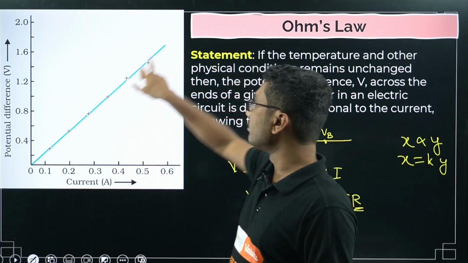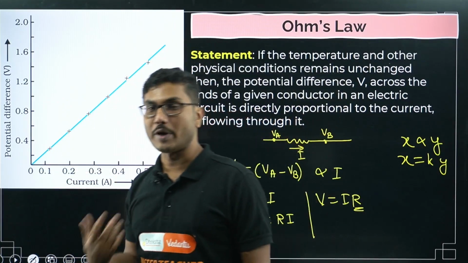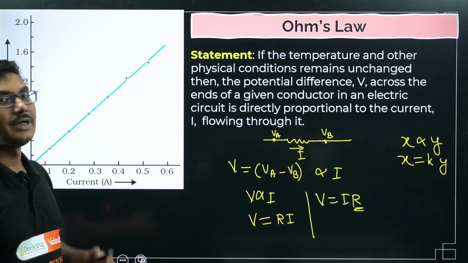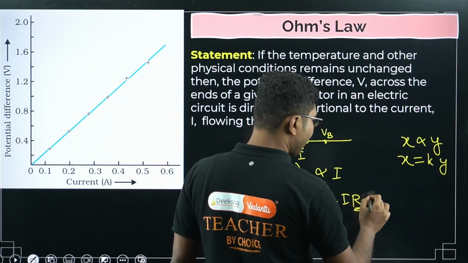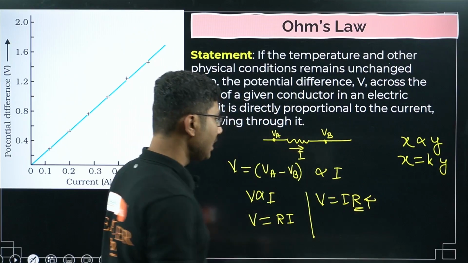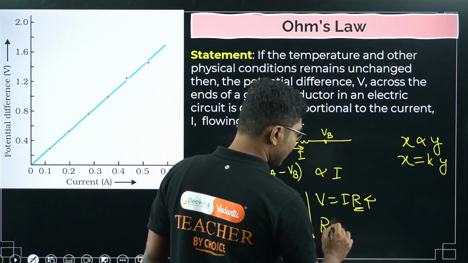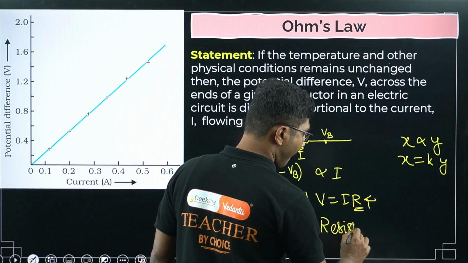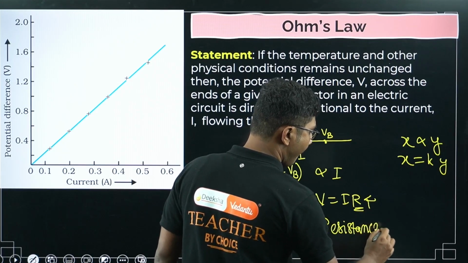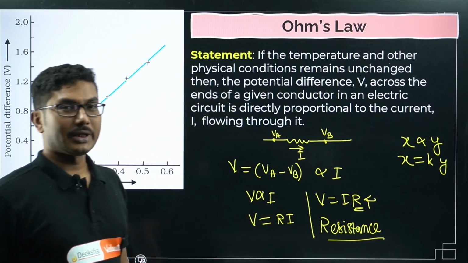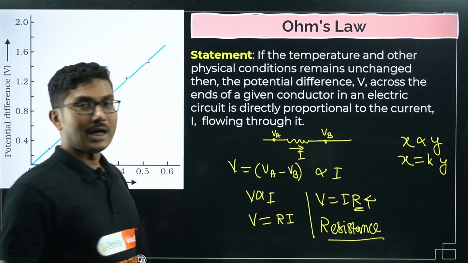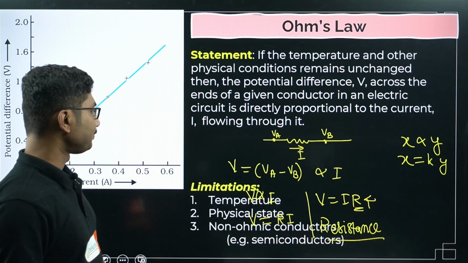So this is the symbol, this is the nature. When two quantities are proportional, their graph should be a straight line. Now the quantity that we have introduced as the constant of proportionality is called resistance. We will discuss everything about resistance in tomorrow's lecture.